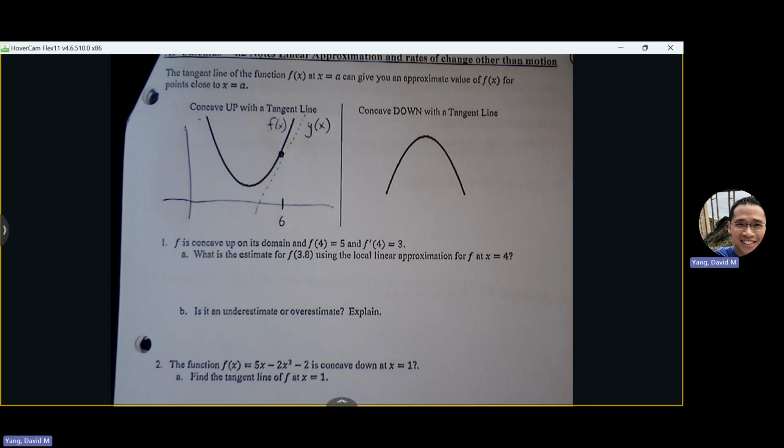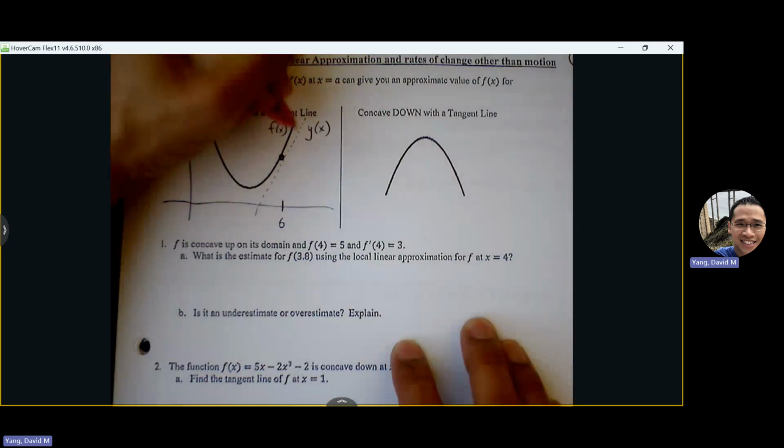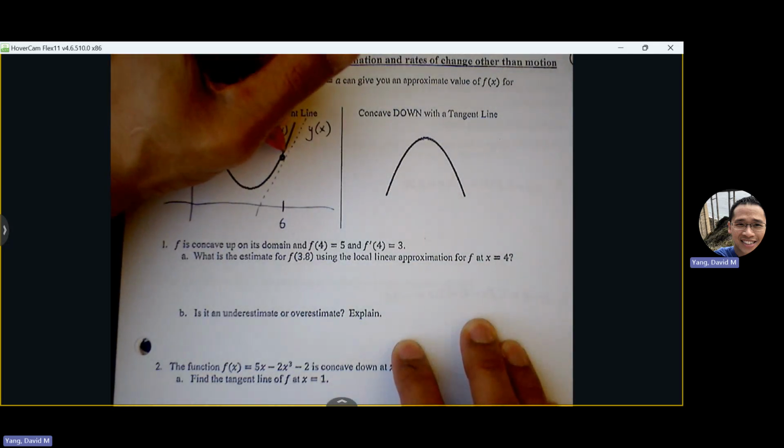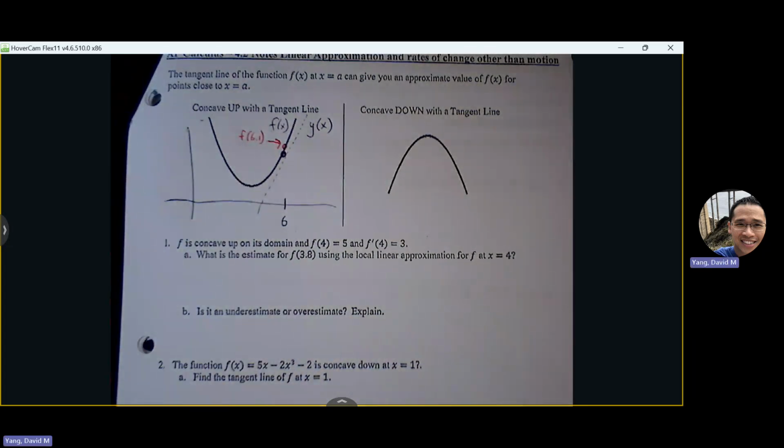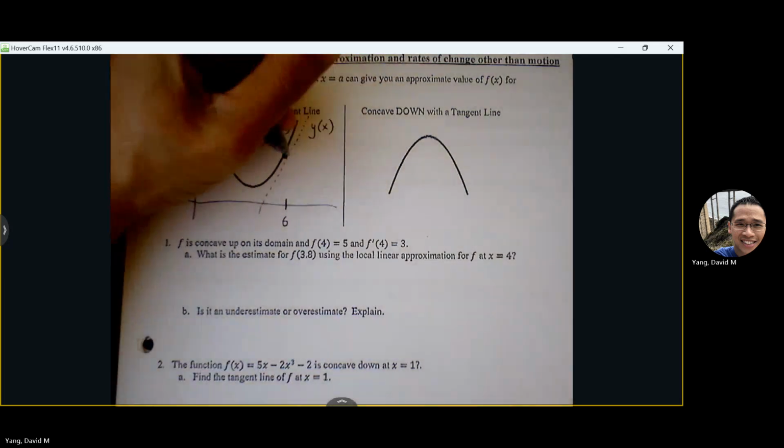Now, let's say we wanted to use the line to approximate a point on the curve. Let's say we wanted to approximate 6.1. So f of 6.1 would be over here. But then y of 6.1 maybe over here.